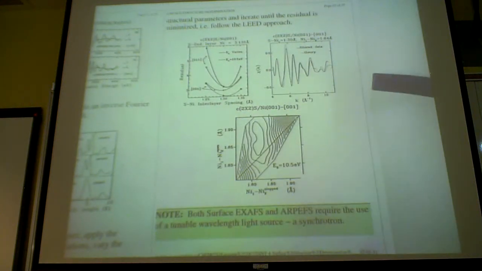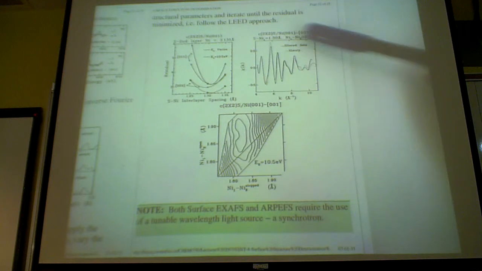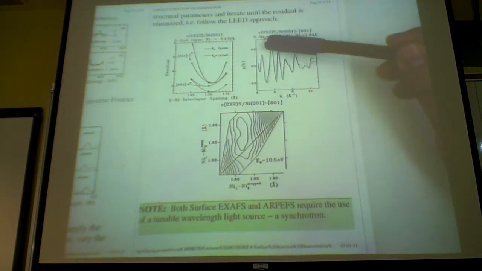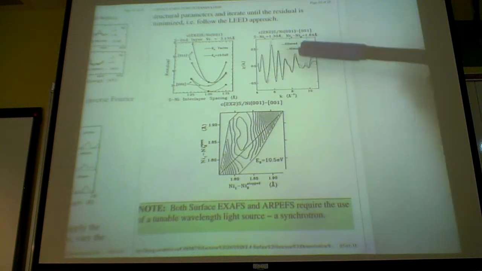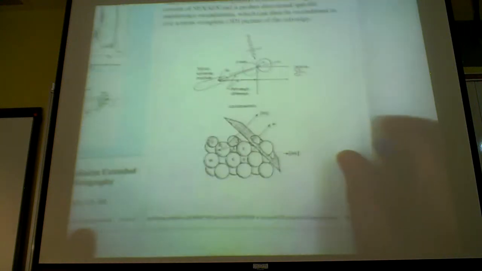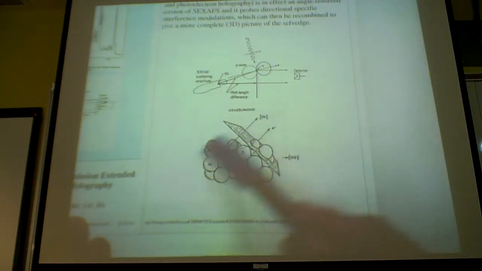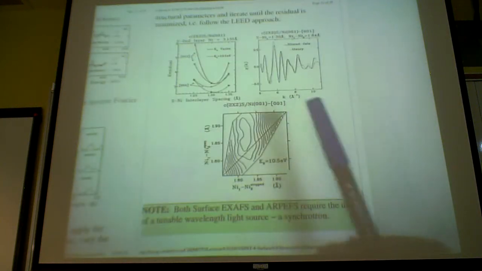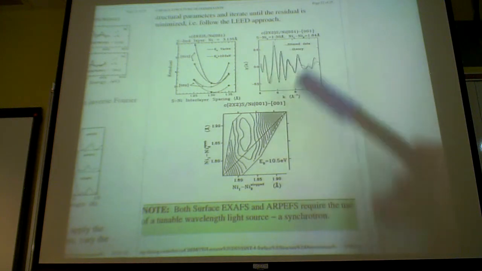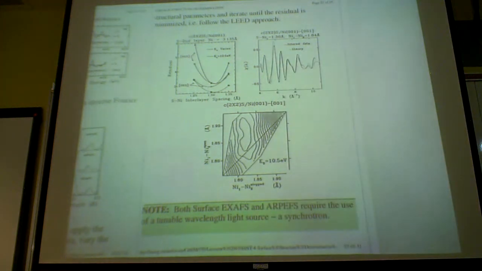Scattering theory. And so here you have a chi curve, right? You have filtered data, so the chi curve, and then you assume the geometry of your material, right? So you assume a structure here, you generate a physical structure, and then from this structure, you generate your chi curve, which is the solid line that you see, and then you compare, just like LEED, how well they agree.